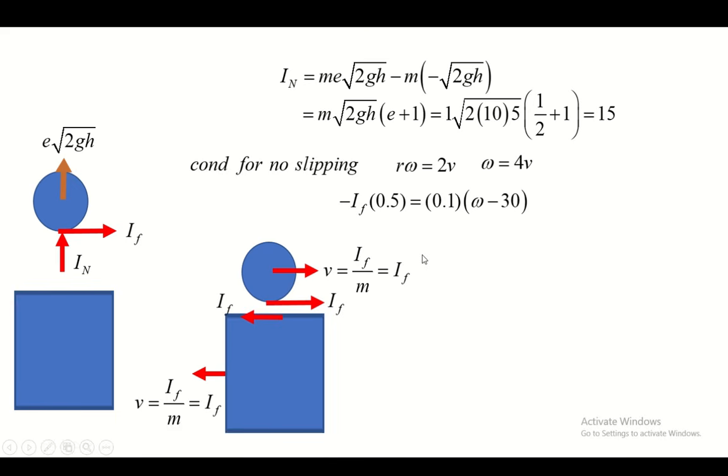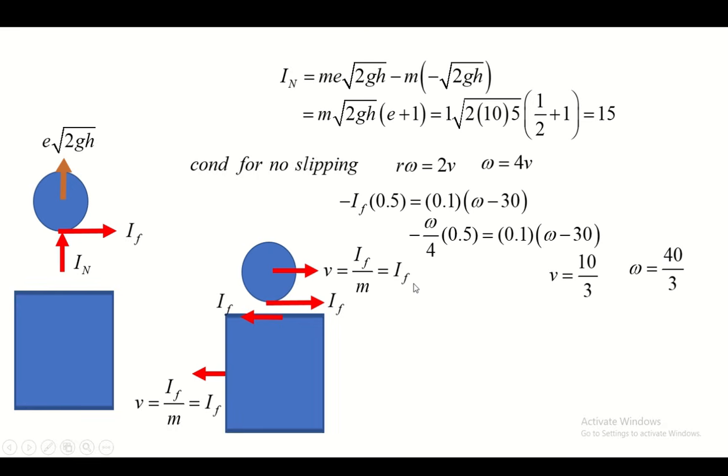I am taking clockwise as plus, so this is a negative torque, and it is equal to I, the moment of inertia, 2 by 5 m r square, times omega final minus omega initial. Omega initial is given as 30 in the question. I've just put the value of IF, which we found equal to v, and v is equal to omega by 4. So I'm replacing IF by omega by 4, so that the whole equation comes in omega, and we can solve for omega. So omega comes out 40 by 3 radian per second.